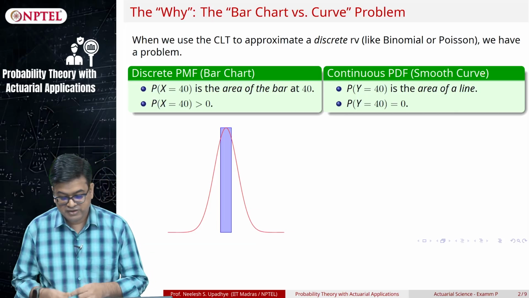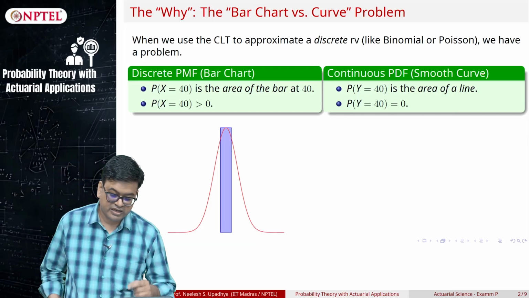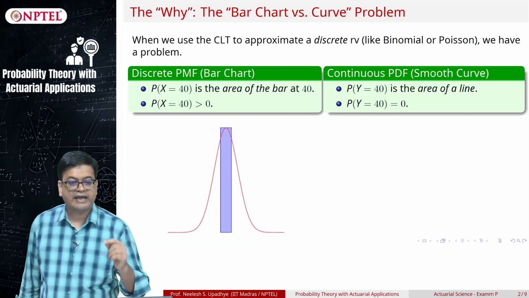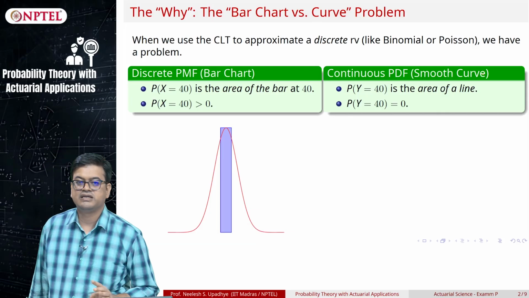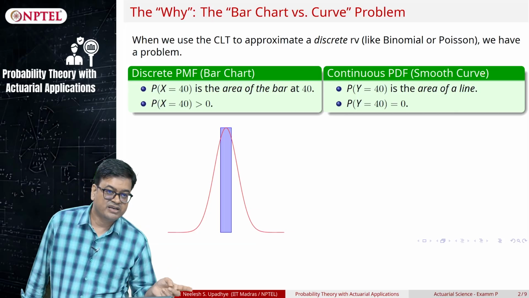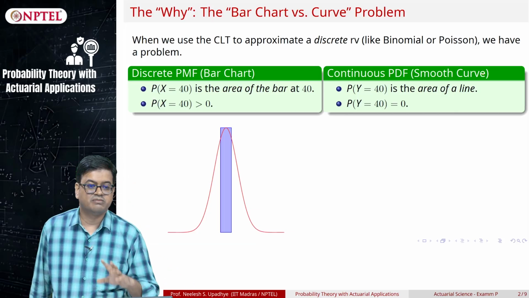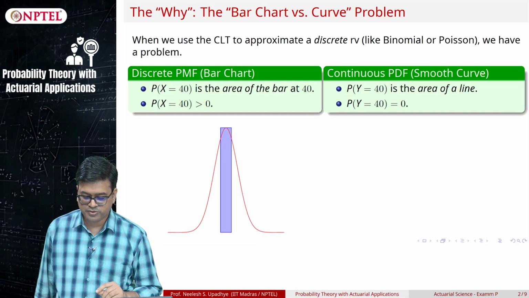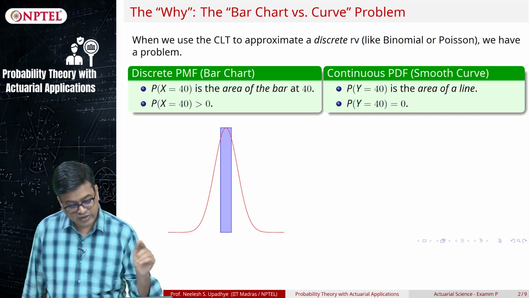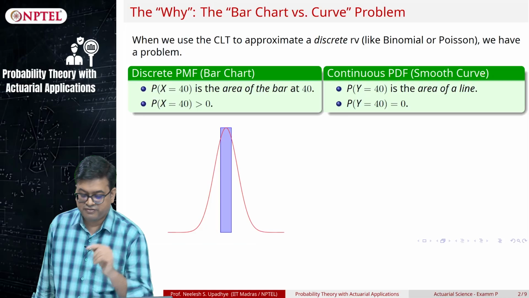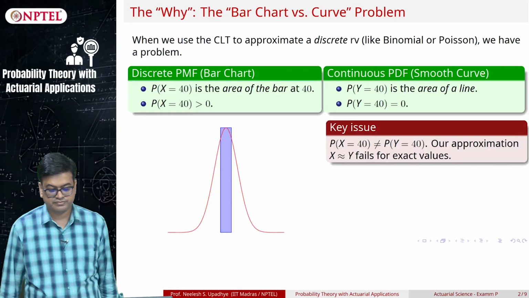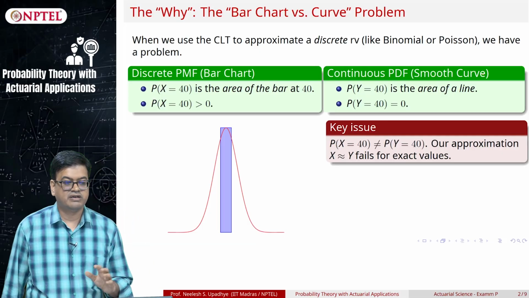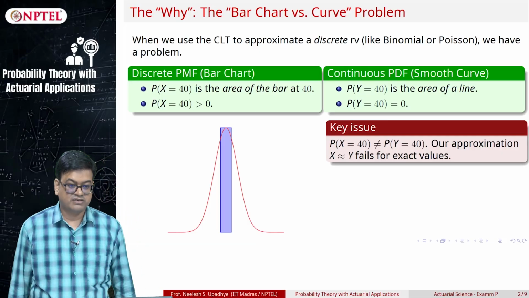Whenever I am talking about a continuous random variable having a single value, the probability is 0, and for a discrete random variable it has a positive probability. So, when I have x equal to 40 and y equal to 40, I cannot equate them. It will never give me the exact values.